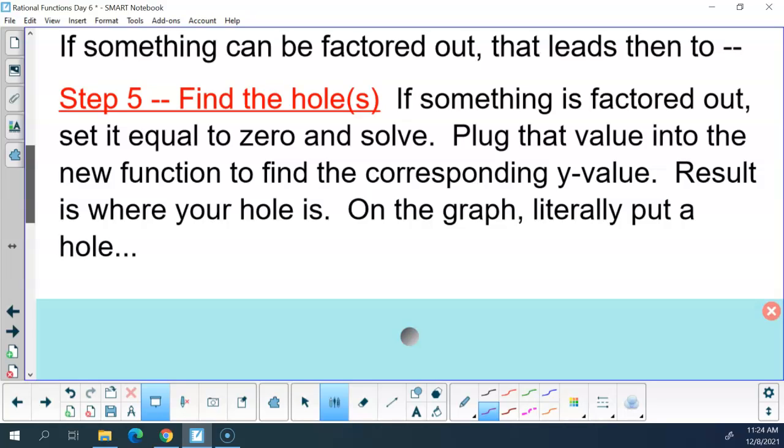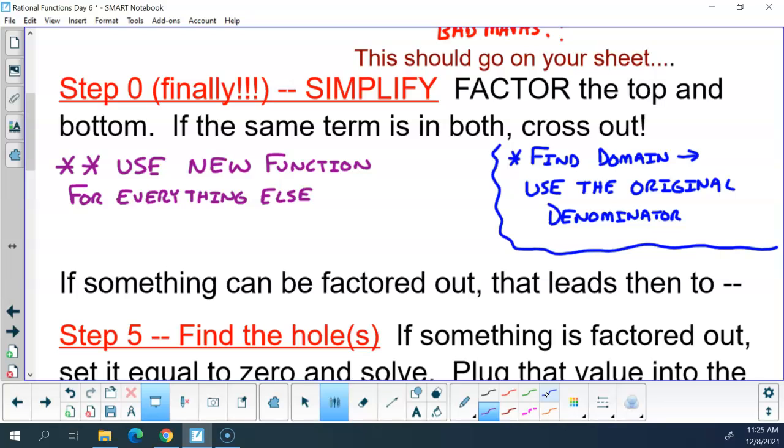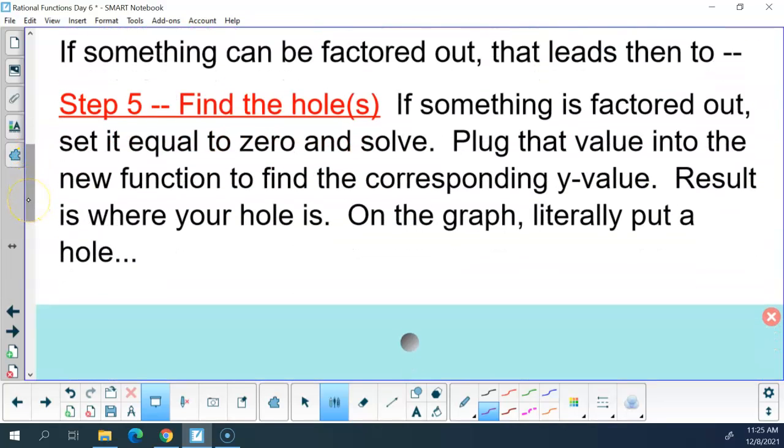Step 5 says that if something is factored out, we need to set it equal to 0 and solve it. What that's going to give us is the x part of our hole.